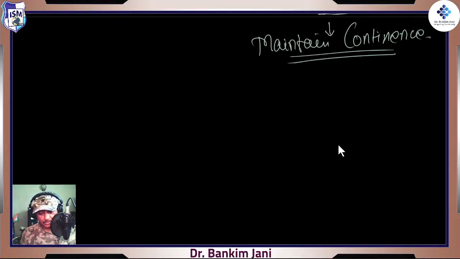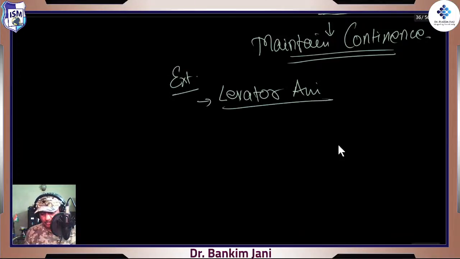The rest of the external urethral components, they are like the levator ani and pubourethral parts, etc. So the levator ani, then we talked about the urethral striated muscles.